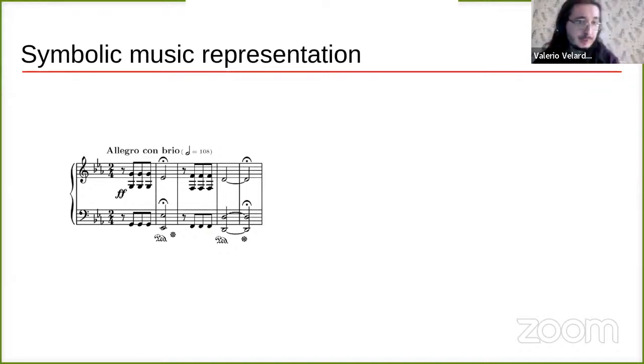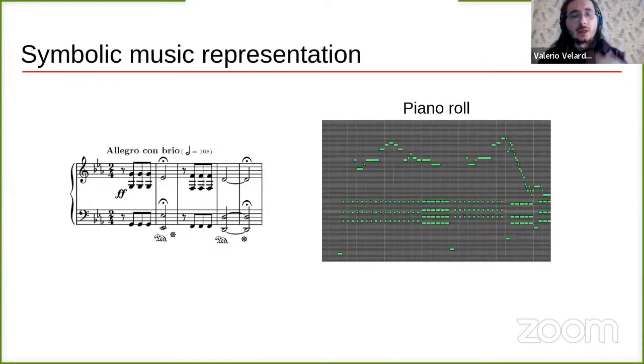I'm sure most of you will be familiar with symbolic music representation, and basically what we're talking about here is using symbols to represent music, symbols that map onto music events. You may end up working with a piano roll representation, where on the x-axis you have time, while on the y-axis you have frequency or pitch.